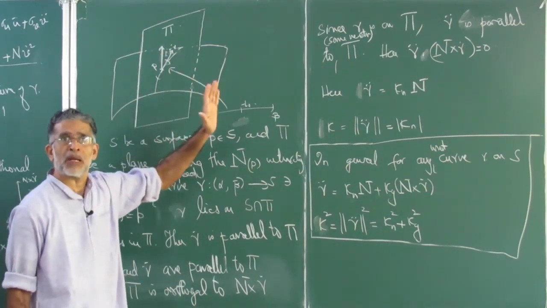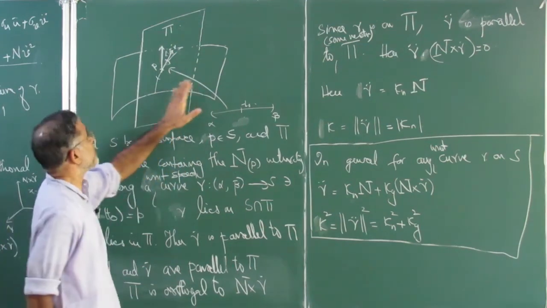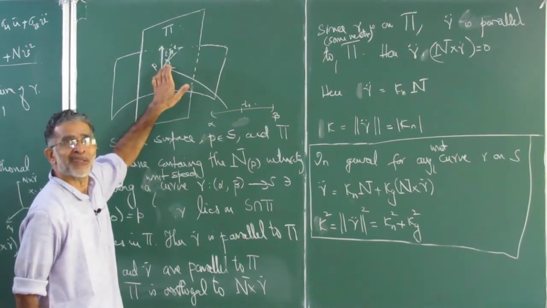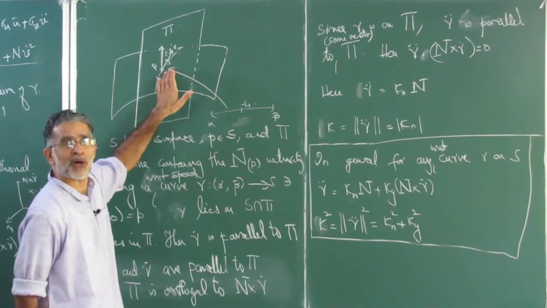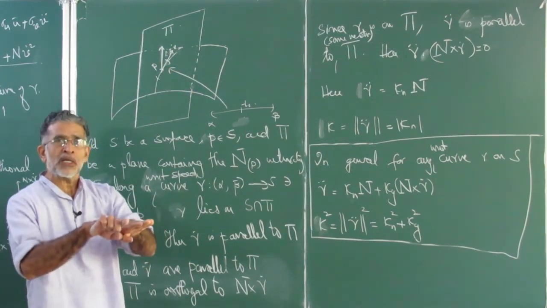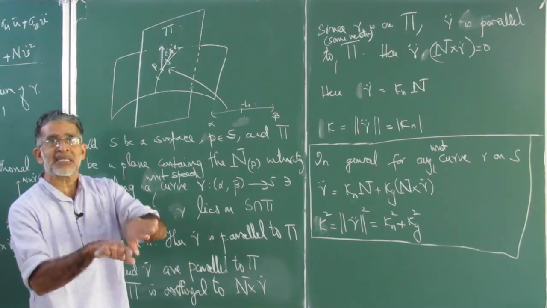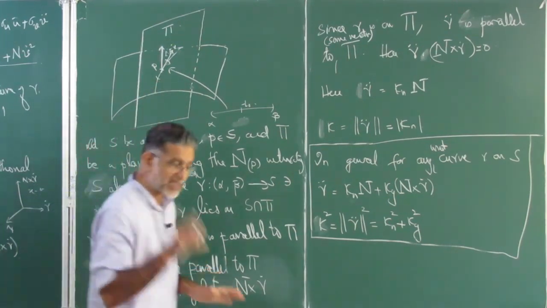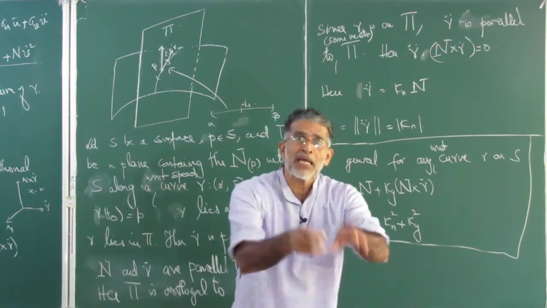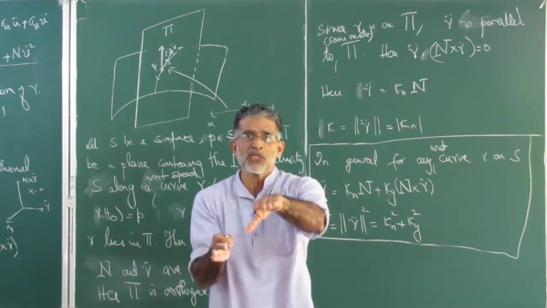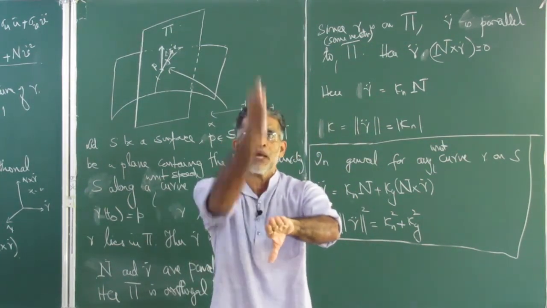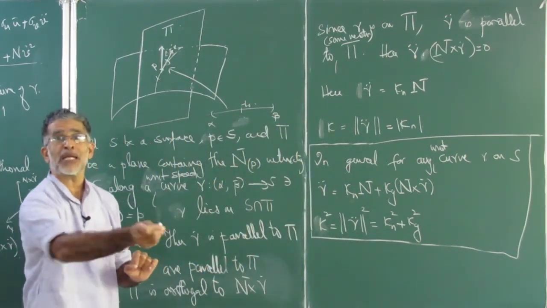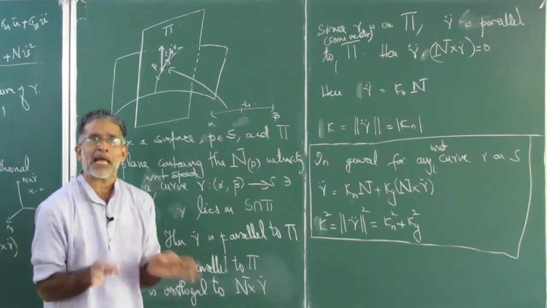After you go a little away, it may not be normal. You have to be careful, because if the surface tilts as you move, then it's not going to be normal. At this point it is normal, but that doesn't mean after moving a while it is normal. If the curve slightly turns and your plane is like this, it's no more normal.